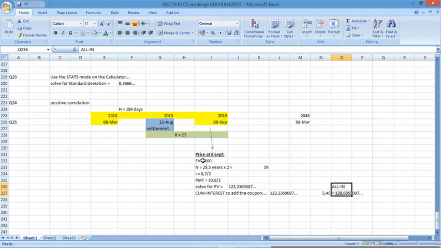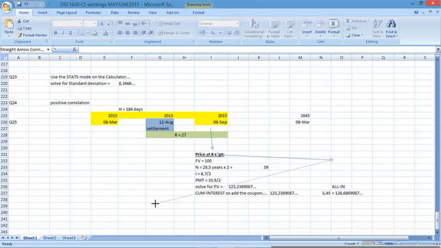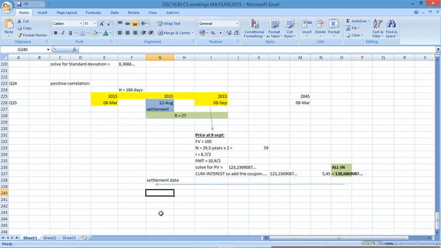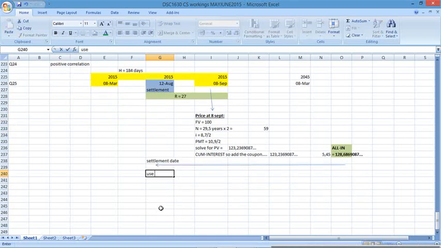Right, now what do I need to do? I need to obviously take this amount back. Back to where? Back to 12 August, the settlement date. So take that amount and move it back in time all the way to the settlement date using fractional compounding.